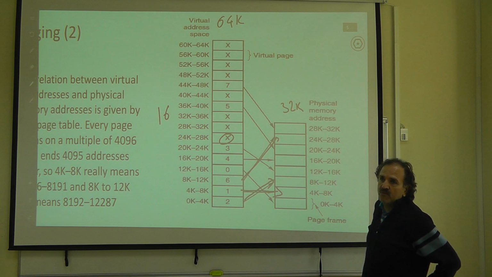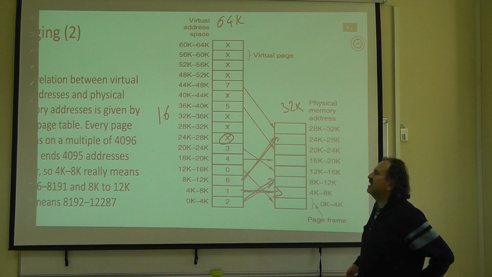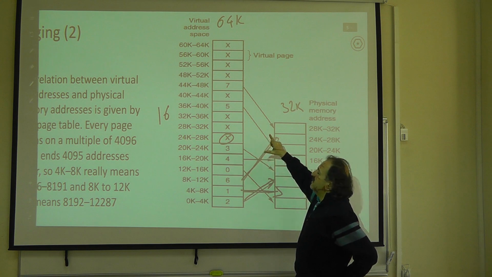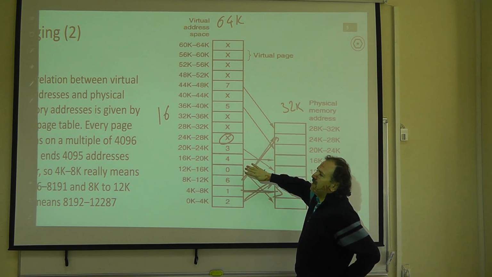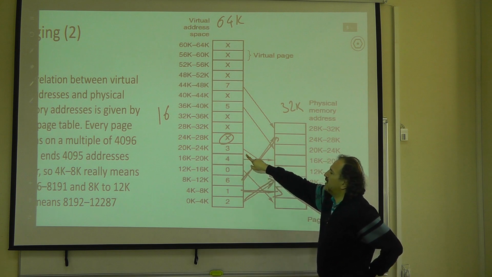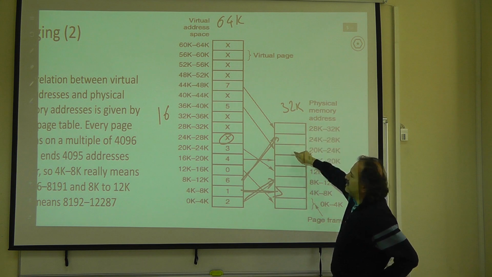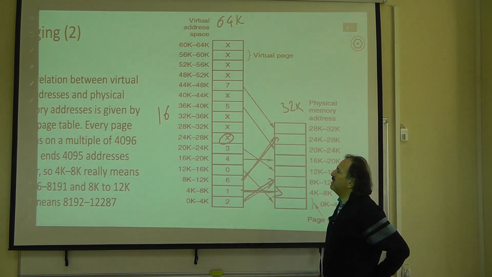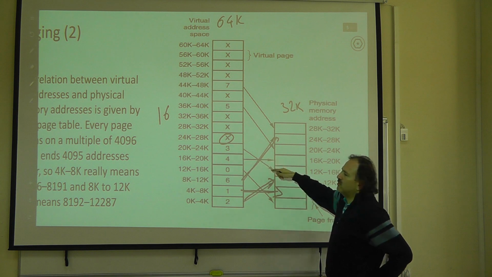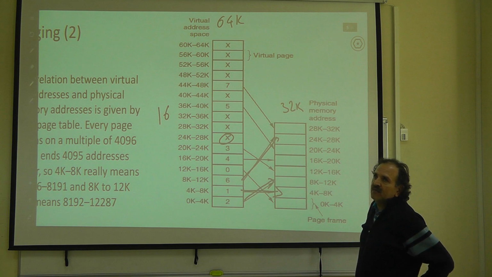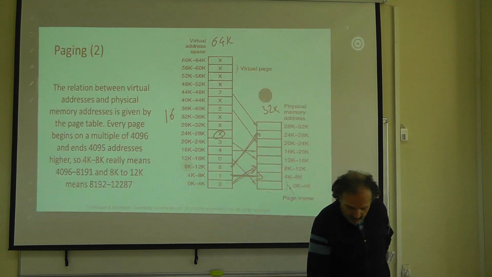We don't have this problem of memory fragmentation, because whenever I see new available space, I can always assign some real physical memory address to any of my pages, just by drawing an arrow or assigning a pointer. So I don't have the problem of finding the best position for my process anymore. It is solved automatically. Okay, this is called paging.